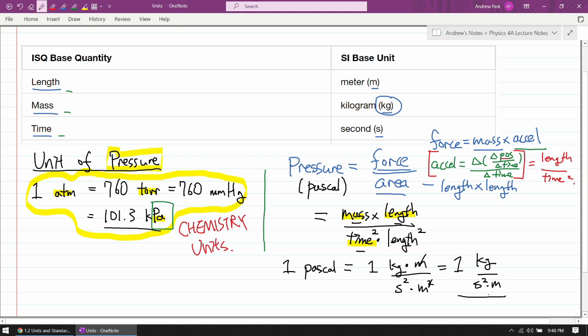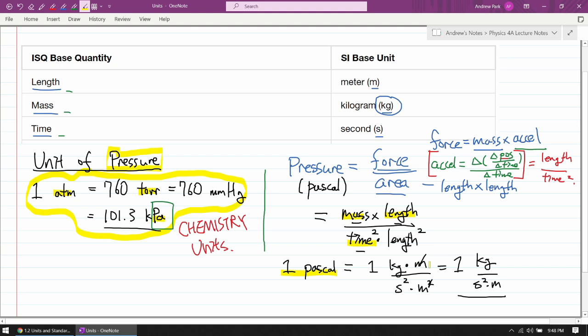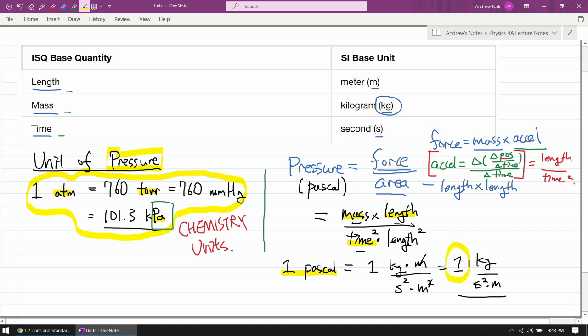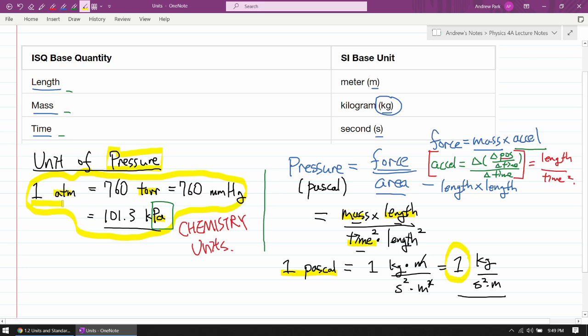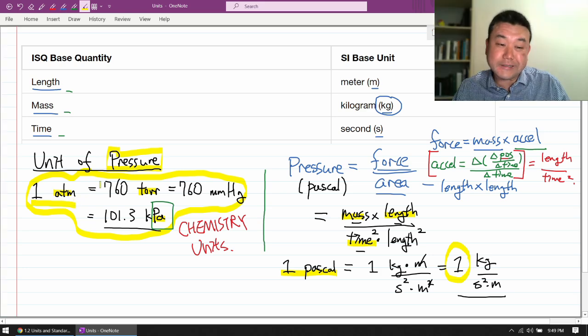And within the SI unit system, we deliberately constructed these derived units so that we don't have to worry about what this factor will be. It'll always be 1. This is in contrast to more customary unit systems, where for one atmosphere, how that relates to other basic units, you have to memorize it.